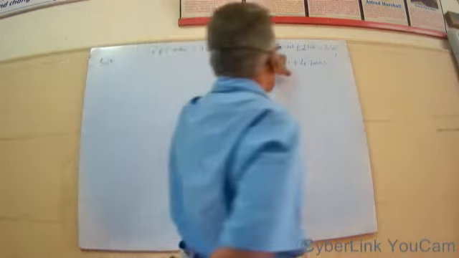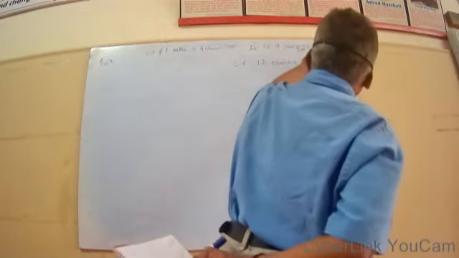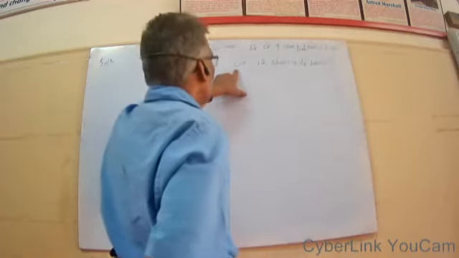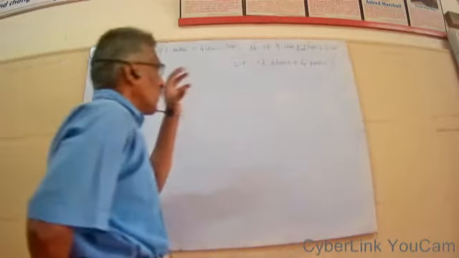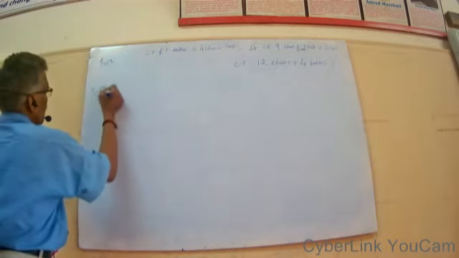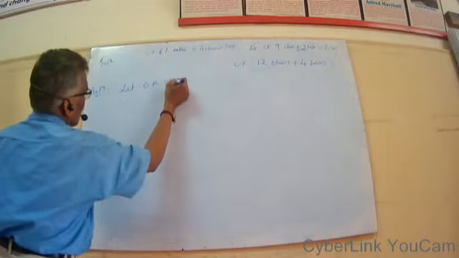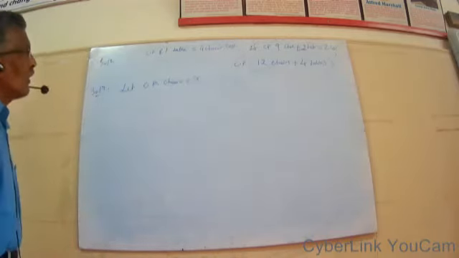If cost price of 9 chairs plus 2 tables equal to 425, if it is so, then what is the cost price of 12 chairs and 4 tables together? Let the cost price of chair equal to x. Then what is the table value?